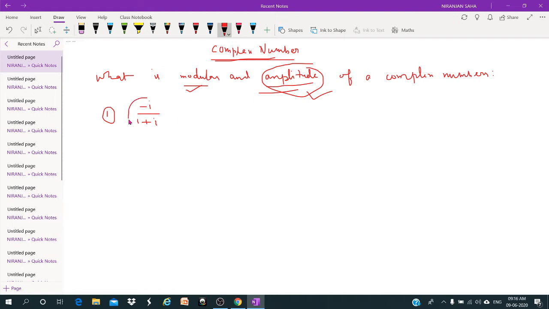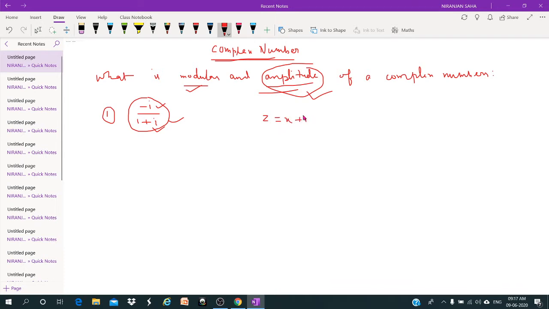How can we find them? One thing you can note is that the numerator is a complex number and the denominator is also a complex number, so this cannot be expressed in the form z equal to x plus iota y.